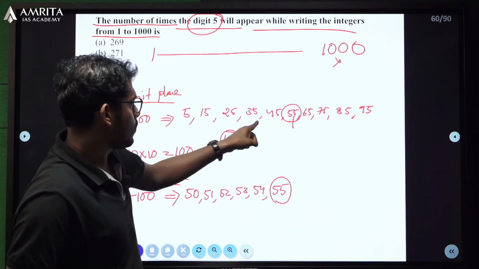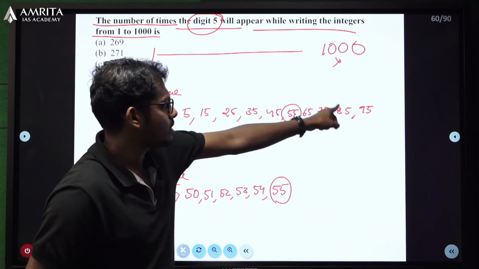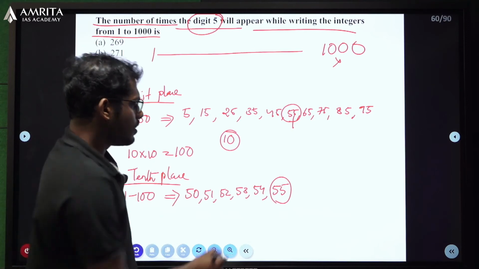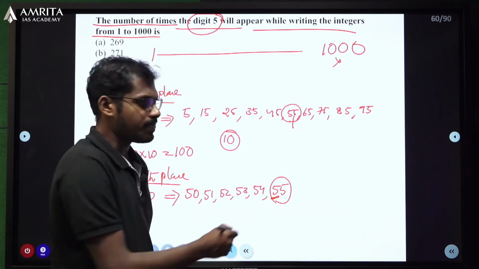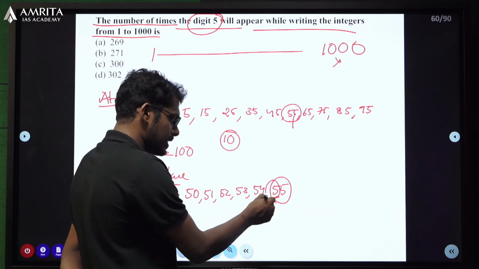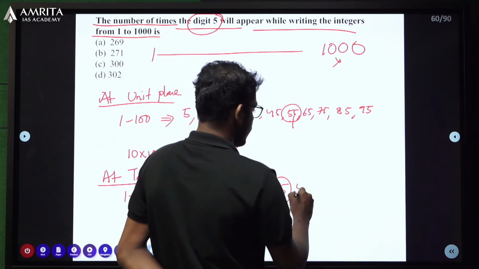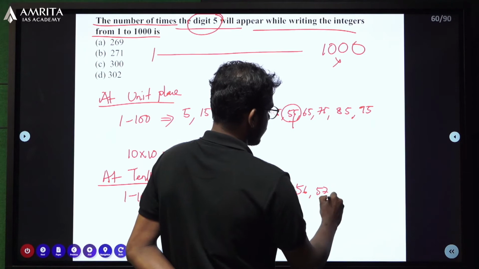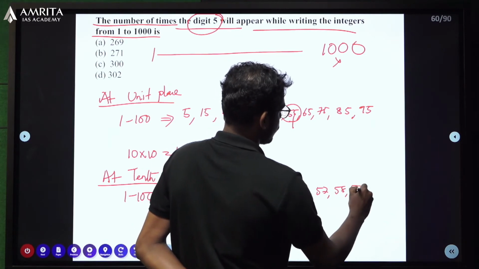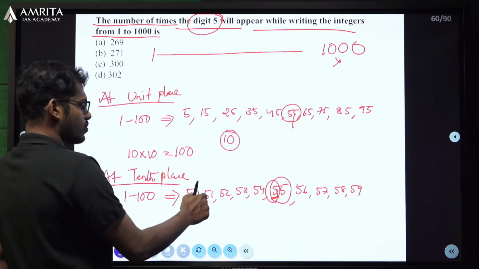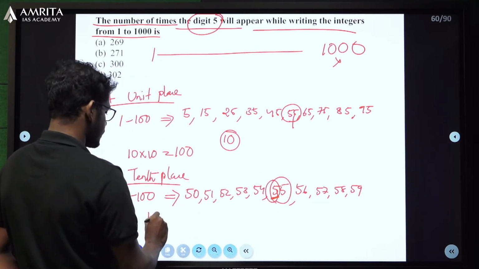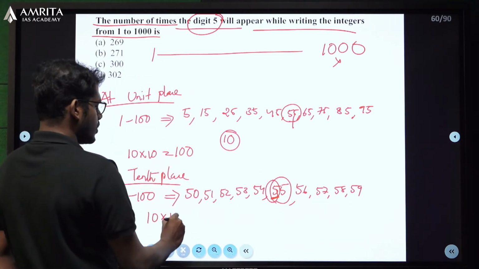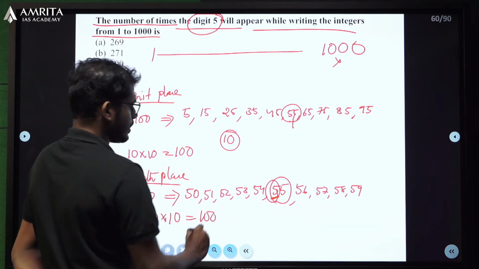Here we count the digit at the tens place. This 5 is counted because it is at the tens place. Then 55, 56, 57, 58, 59. So 1, 2, 3, 4, 5, 6, 7, 8, 9, 10, that is 10 times. Similarly, into 10, that is 100 times.